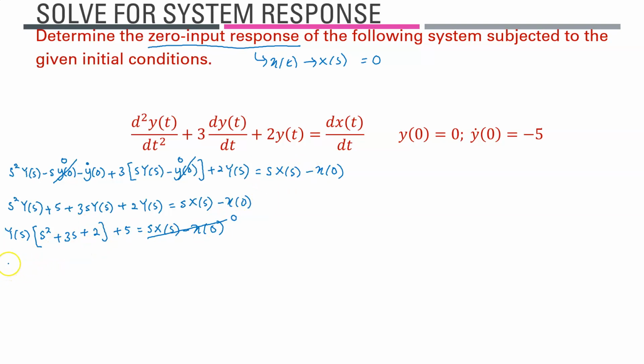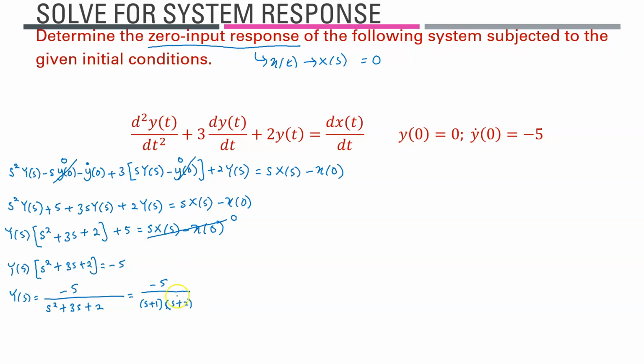So you will have Y(s) times (s squared plus 3s plus 2) equals minus 5, you take it over there. So Y(s) equals minus 5 over s squared plus 3s plus 2, which is equivalent to minus 5 over (s plus 1)(s plus 2).